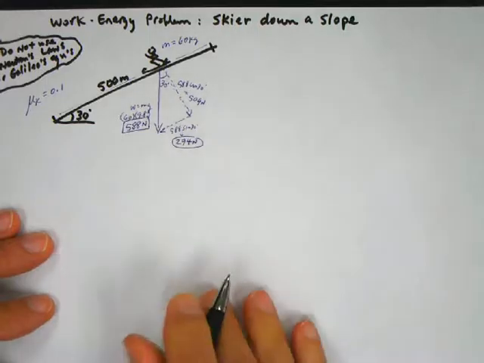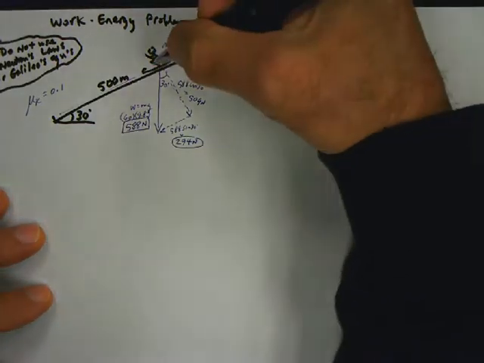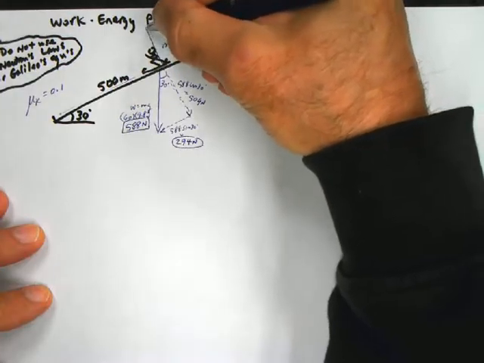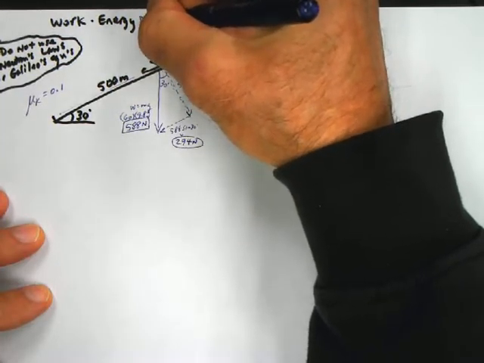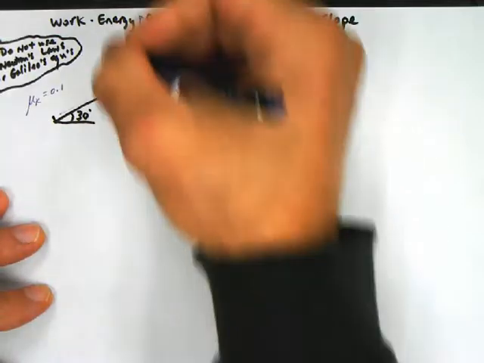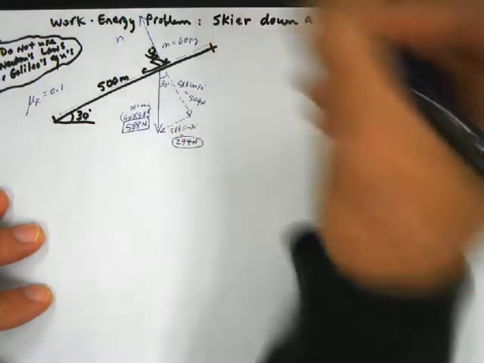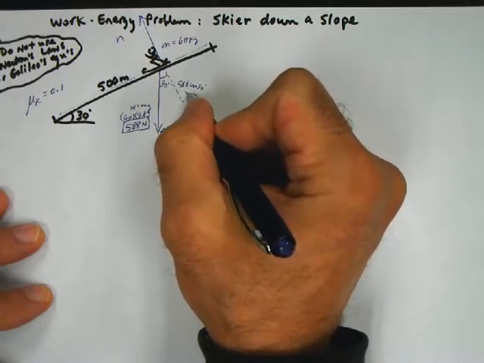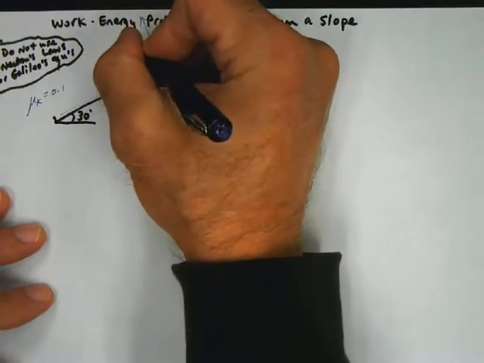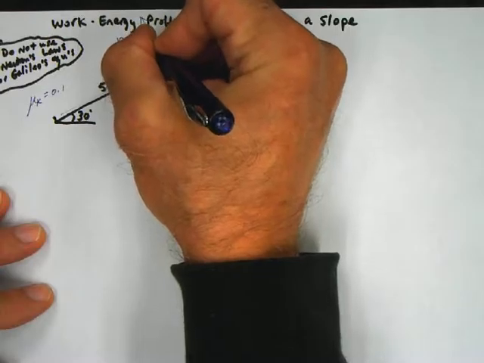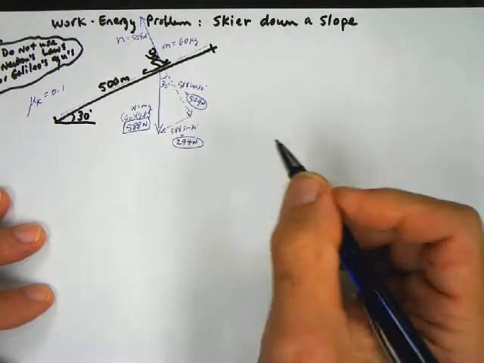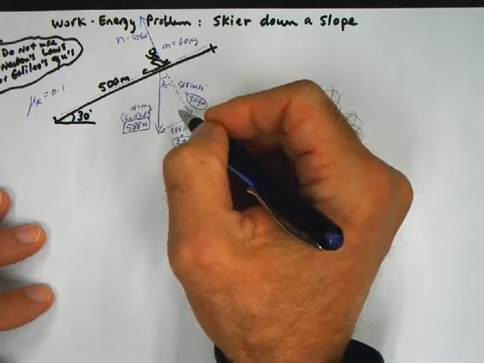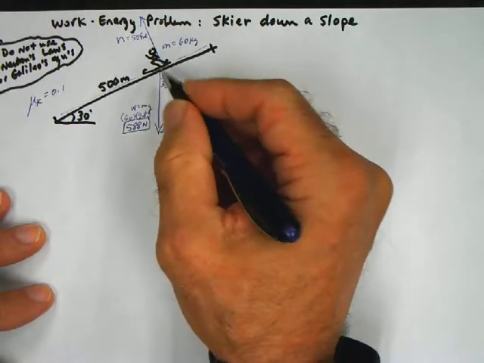The normal force would be the force of the slope pushing up on the person, and I'll just label that N, and that would be equal and opposite to this component right here. So N would also have a magnitude of 509 newtons, since that's the only force acting on the skier besides friction.